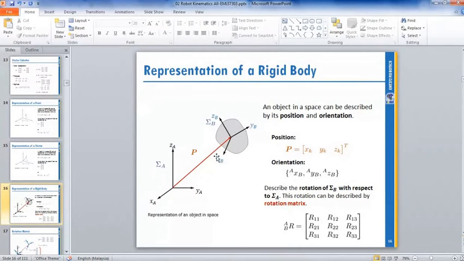X also has a little bit of slanting downward. This means it's not only one axis rotated. This rotation is affected by maybe 3 axes. So X, Y, and Z have a rotation matrix.